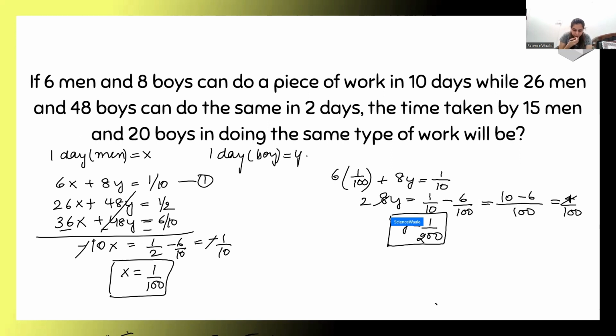So we have x and y. Now they've asked us the time taken by 15 men and 20 boys. So 15 into 1 by 100 plus 20 into 1 by 200.